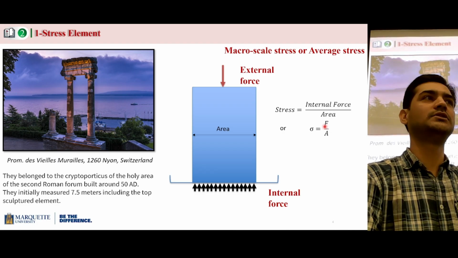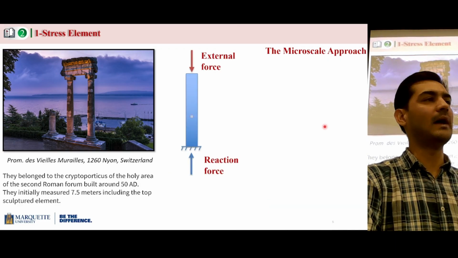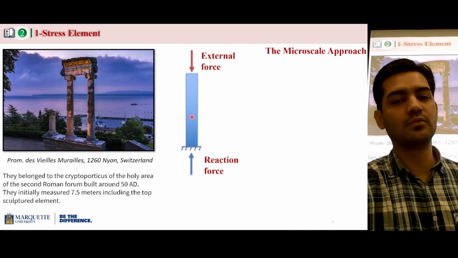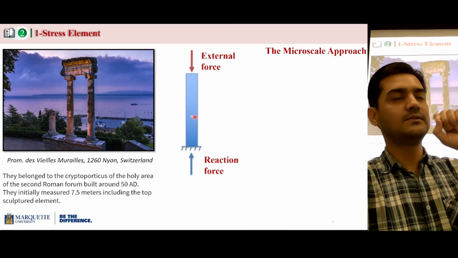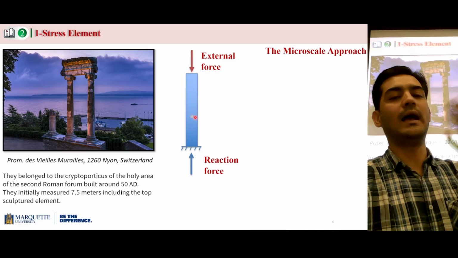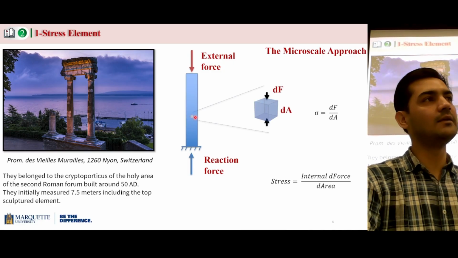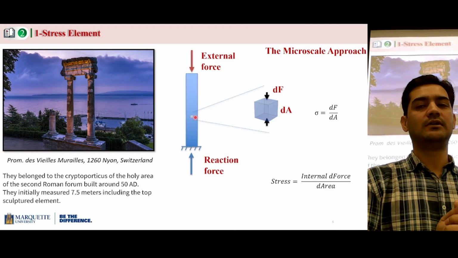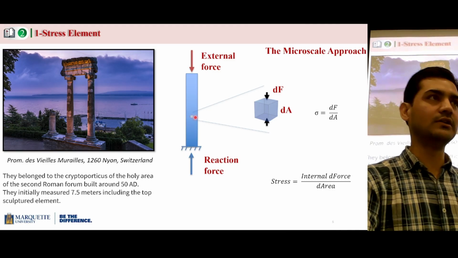There's another approach which is called a micro scale approach. In the micro scale approach, what we do is that we take a very small particle and we zoom out. We call this particle a stress element, and we can also see what the forces and stresses are which are acting on that stress element.